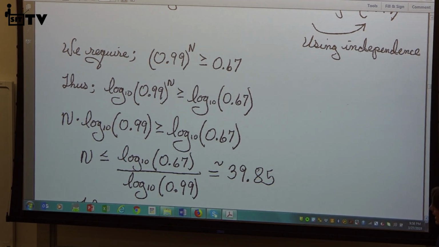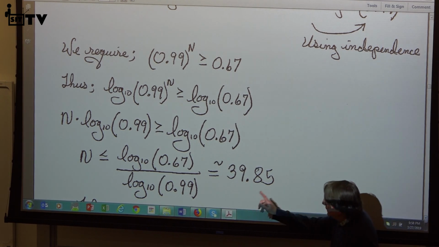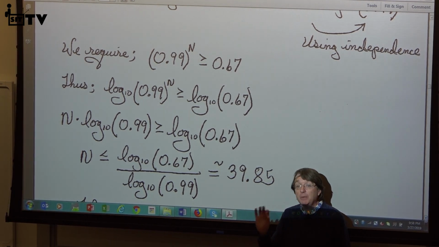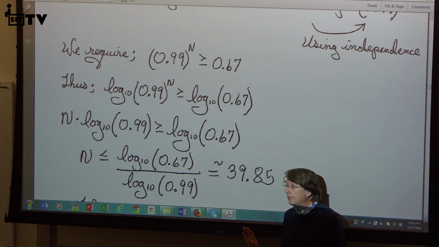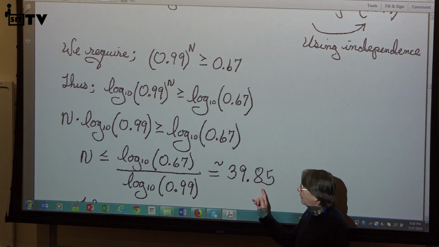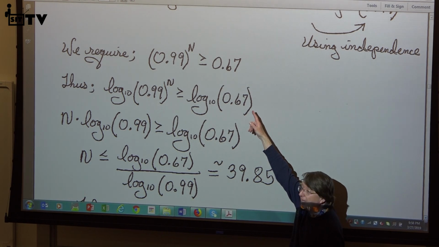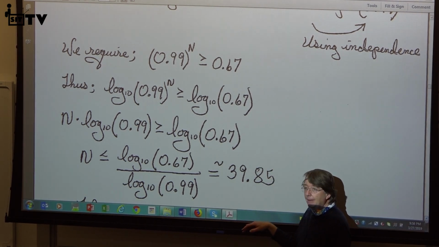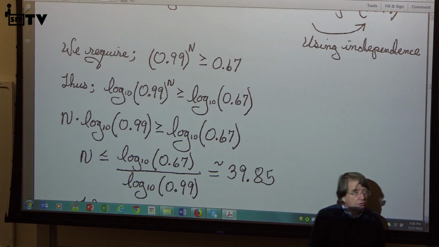And we get that n has to be less than or equal to 39.85, which means n must be 39. If I put 40 in here, I'm going to not satisfy that requirement. So this is a truncate. Okay? So n equals 39.